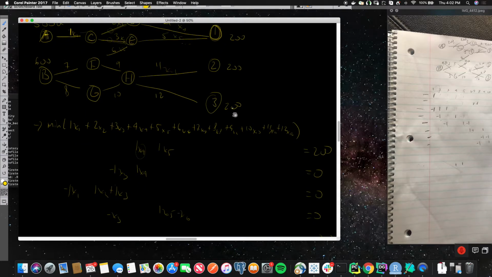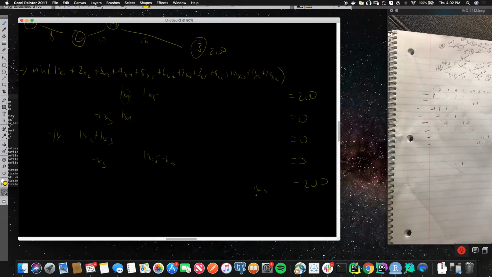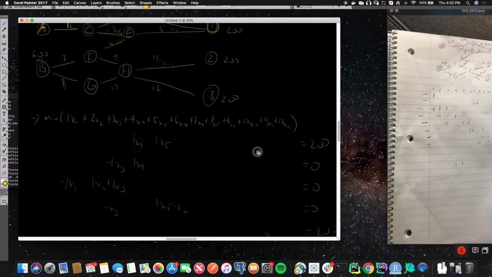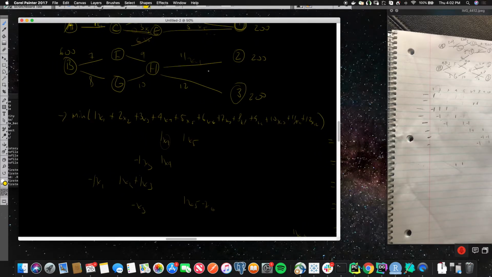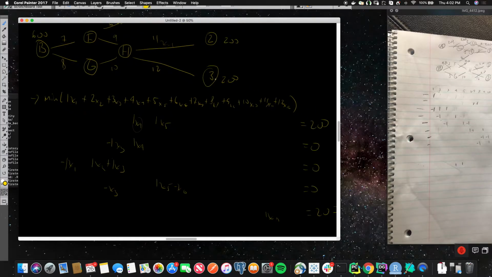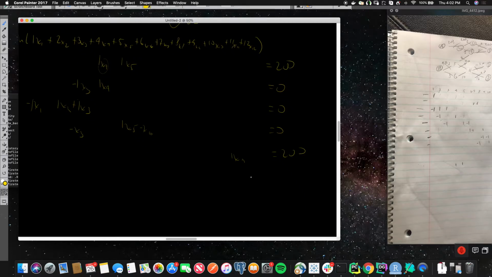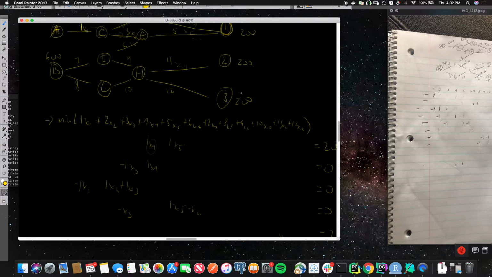Let's just keep going. So 1x11 equals 200 right there. Coming down this pathway, and then 1x12 has to equal 200. All right, so we've knocked these paths out.